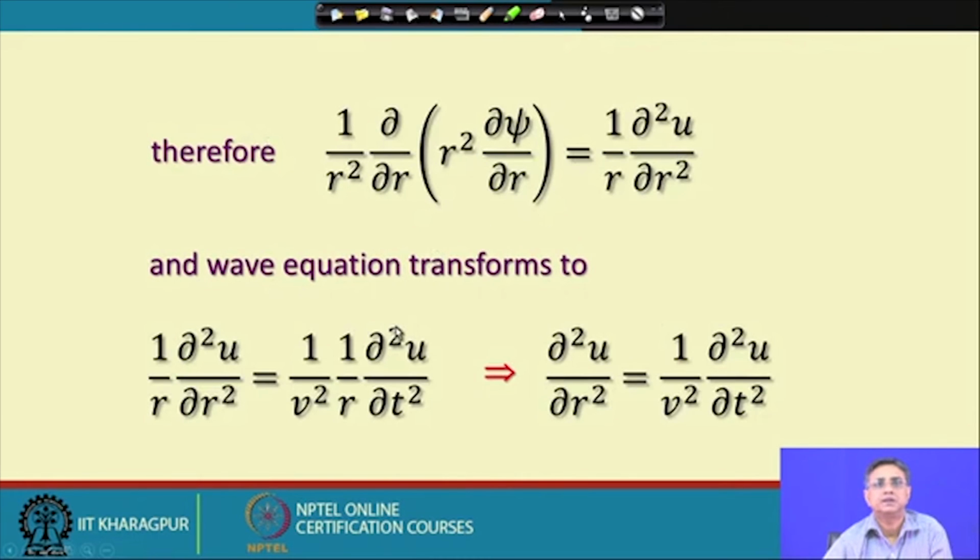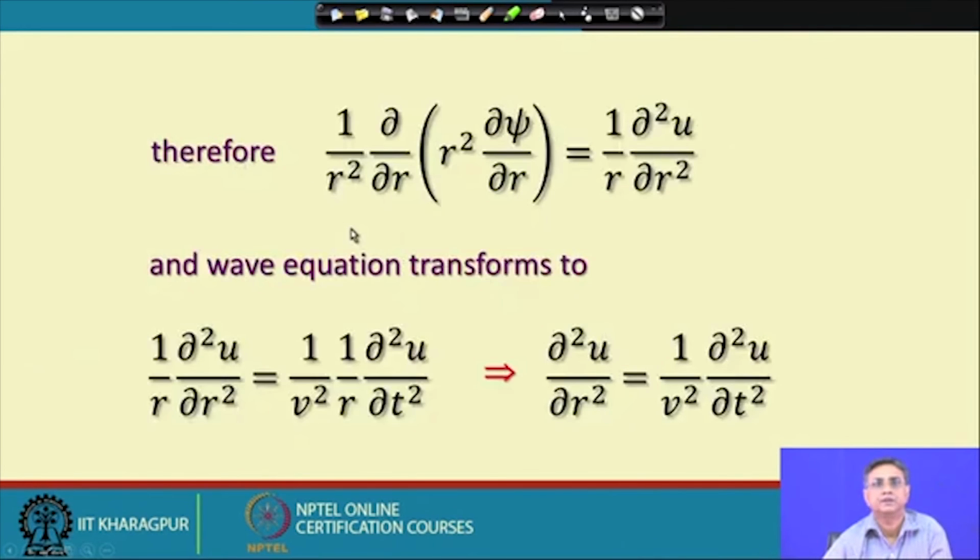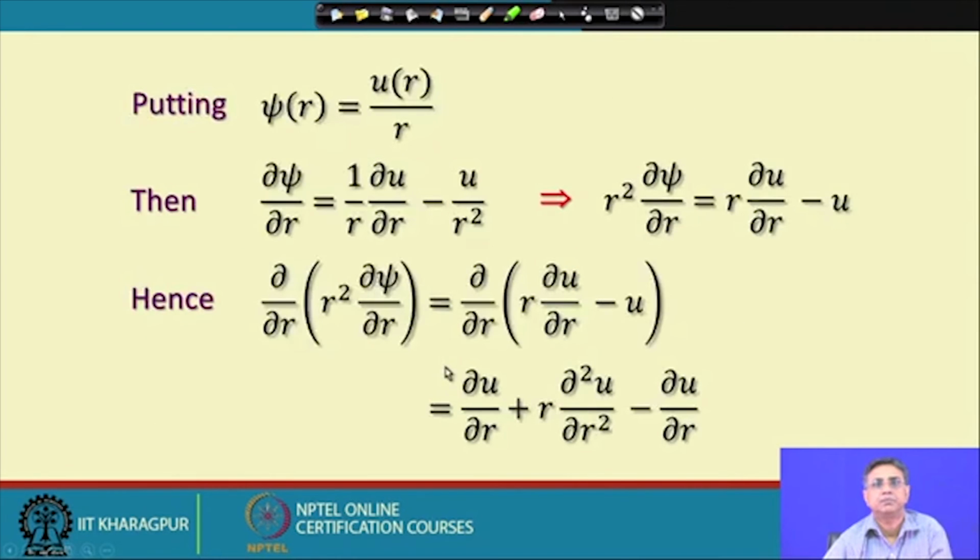So, in this case, there is one step: let us put psi of r equal to u of r by r. So, the derivative del psi del r now becomes 1 by r del u del r minus u by r square. If you do this, you will get this equation.